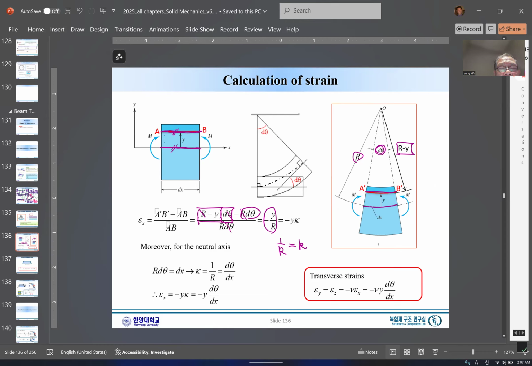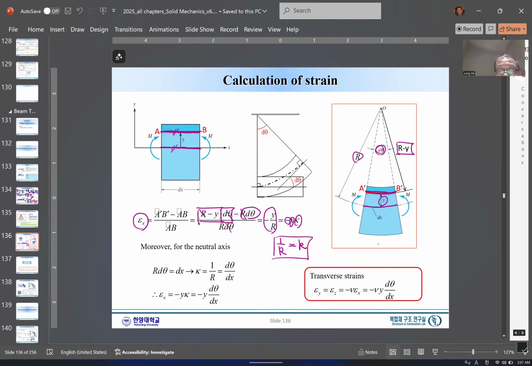So physically, it's better to define a curvature. Curvature will be proportional to external moment. And a very important point is that the strain in y will be first proportional to y, and this is the curvature. Again, the curvature is simply 1 over R, and there is a minus.